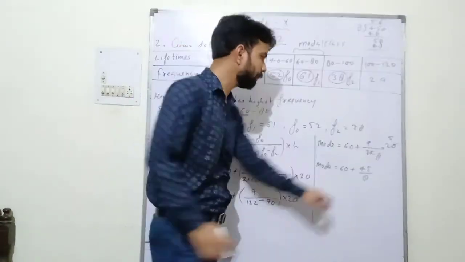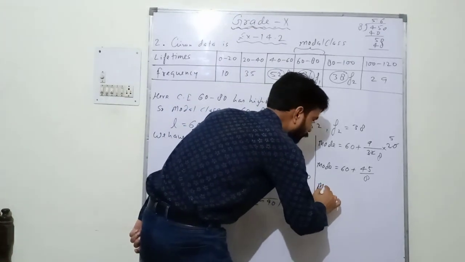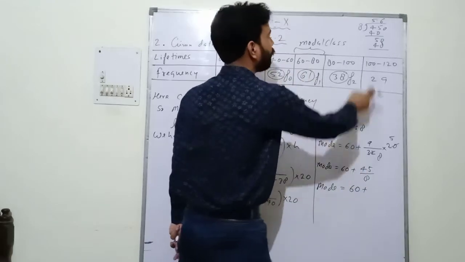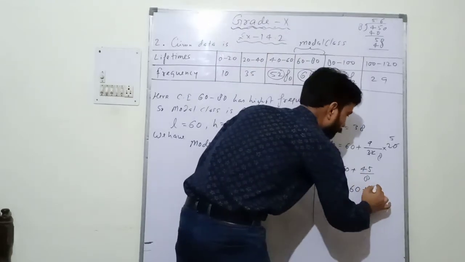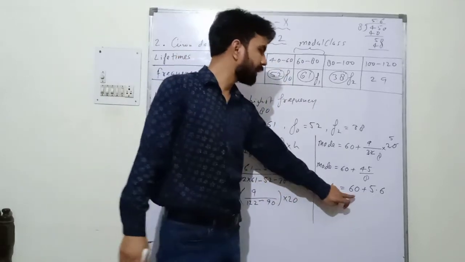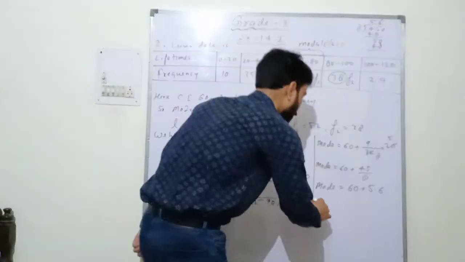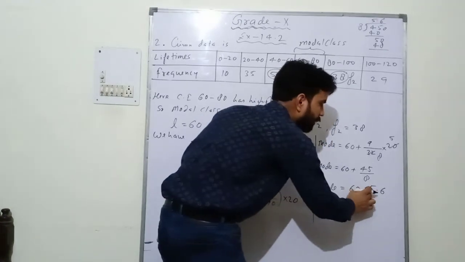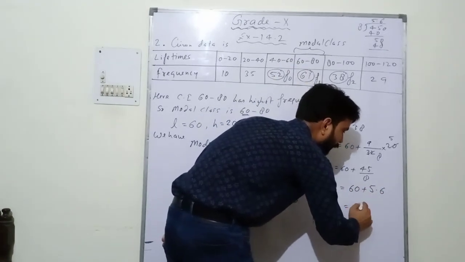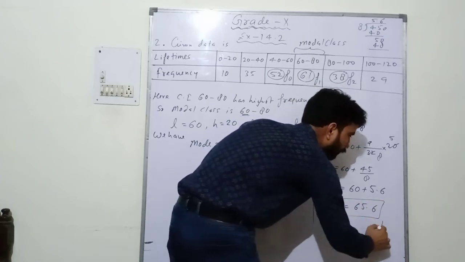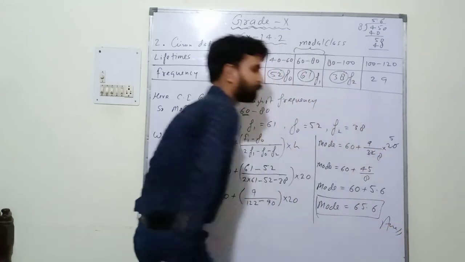We will substitute here. So mode equals 60 plus 45 upon 8, answer is 5.6. Now we will add 60 and 5.6. So the mode of this data is 60 plus 5.6 is 65.6. This is the mode of this data.